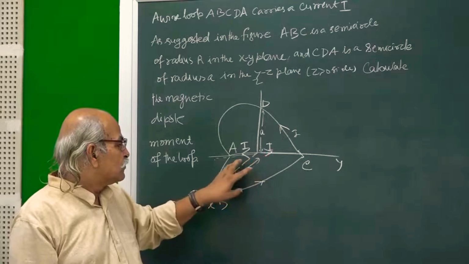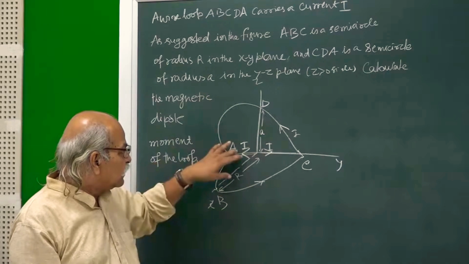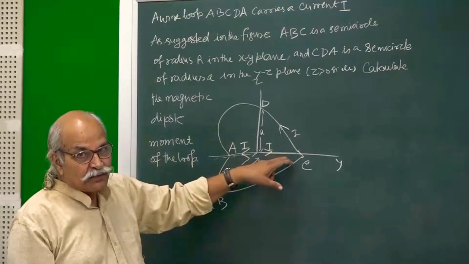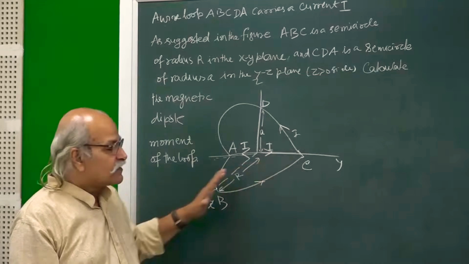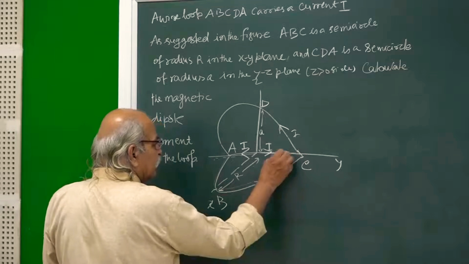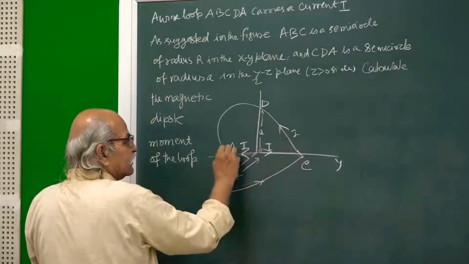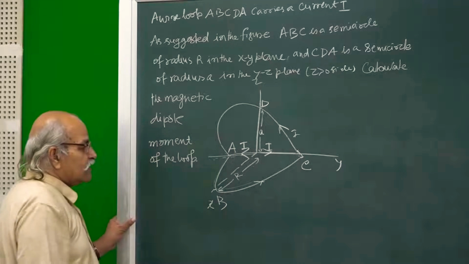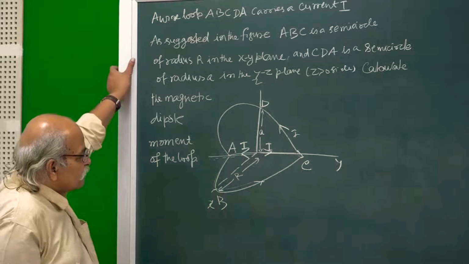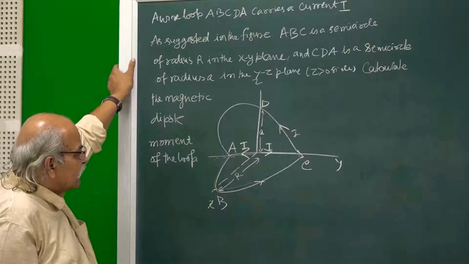So this closed loop has two parts: one part is ABCA, and the other part is CDAC. You can write the magnetic moments of the two parts and then add.